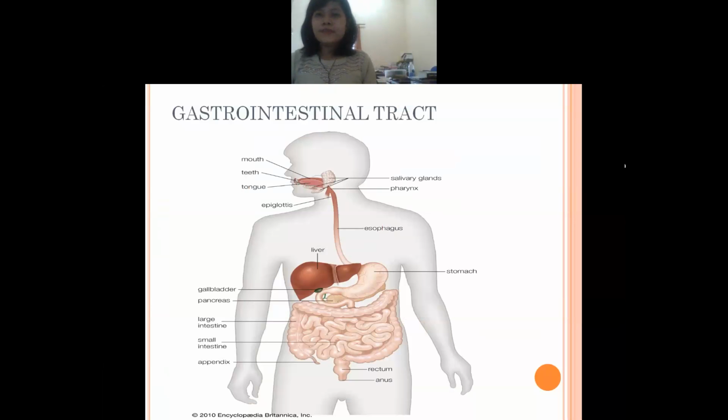Yes, ma'am. Okay, the small intestine is divided into how many parts? Three parts. Okay, can you name them? Duodenum, jejunum, and ileum. Okay, good. Are you all clear about today's class? Yes, ma'am. Okay.